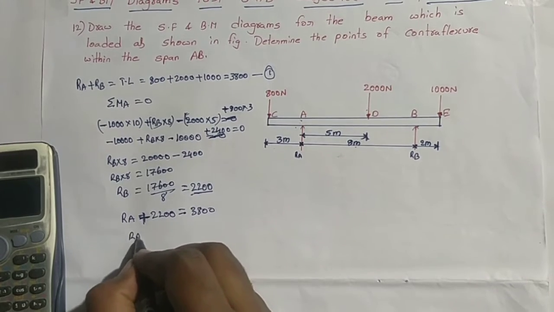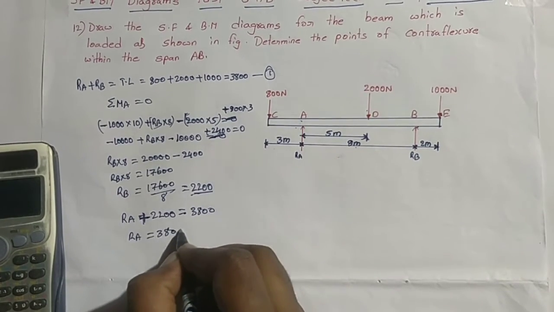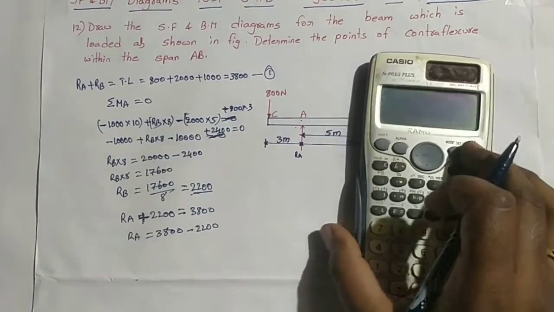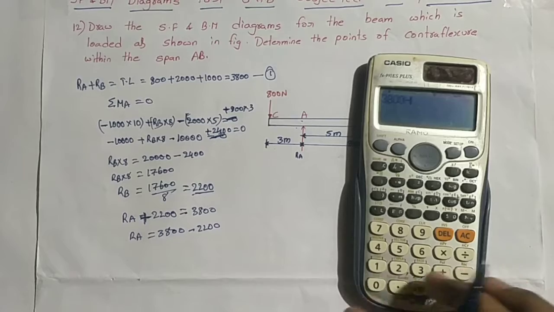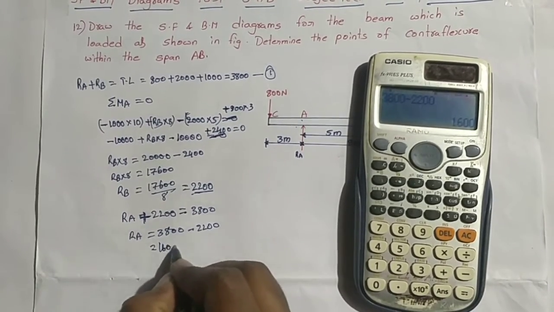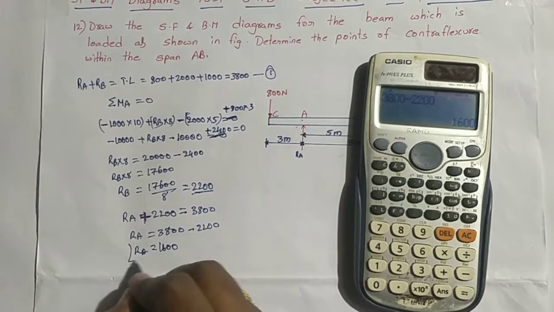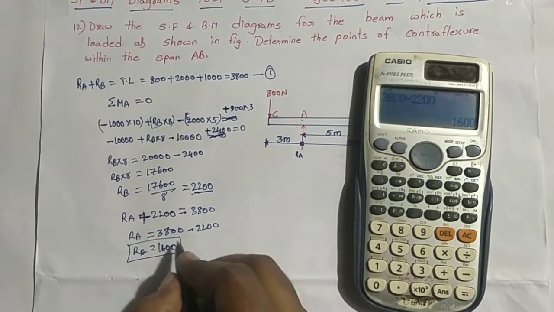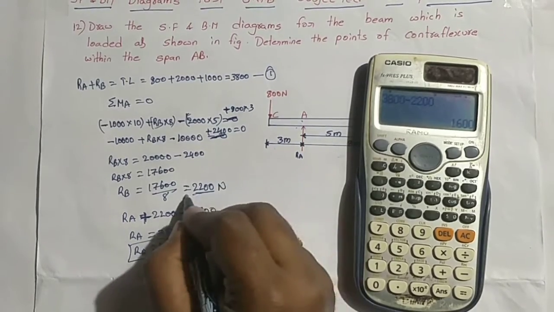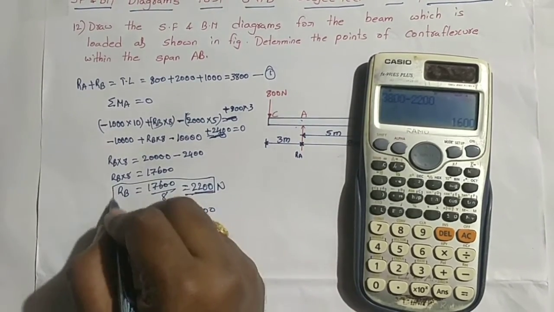RA is equal to 3800 minus 2200, that equals 1600. It is the value of RA, 1600 newtons. Here RB is 2200 newtons.